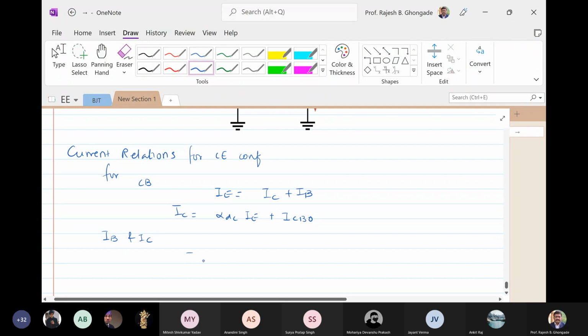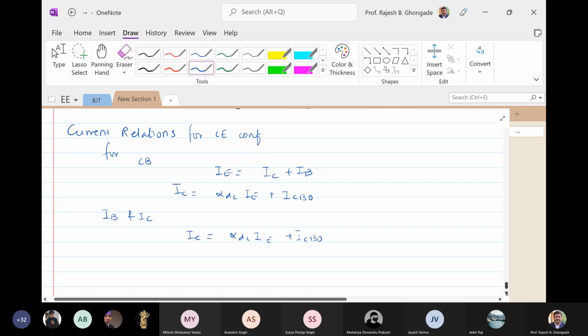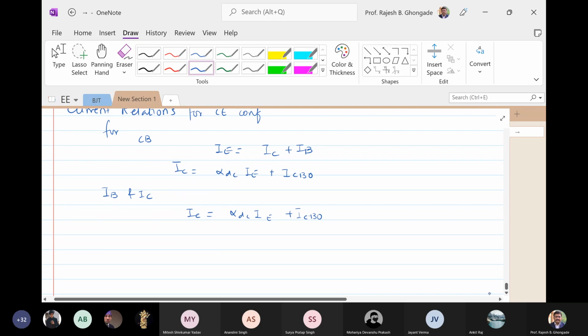Now since IC is equal to alpha DC into IE plus, I'm repeating it, ICBO, so we have IC minus ICBO is equal to alpha DC into IE.